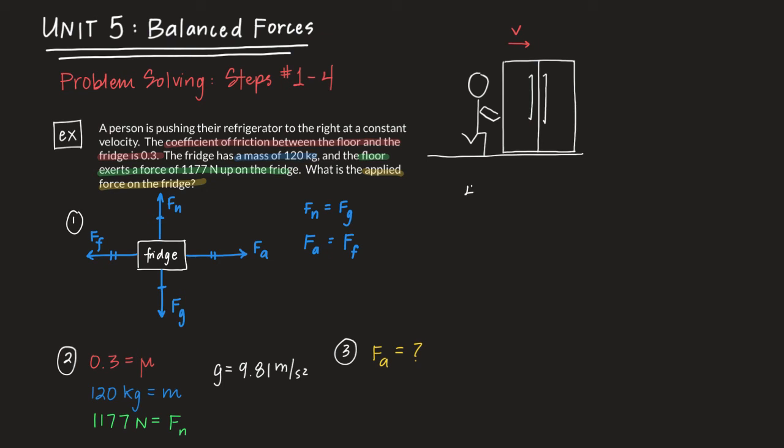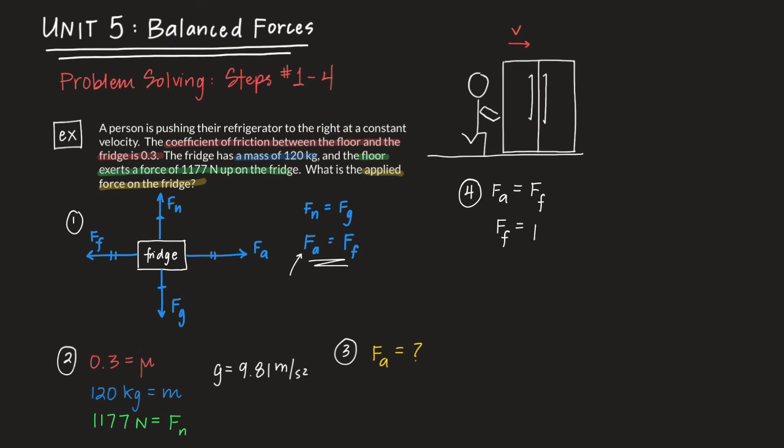Step 4, now we want to find an equation that will help us solve for the applied force. We know that the applied force has to be equal and opposite to the force of friction. So I'm going to use that equation to help me find the applied force. But I can't directly find the applied force. I'd have to first know what the force of friction is.